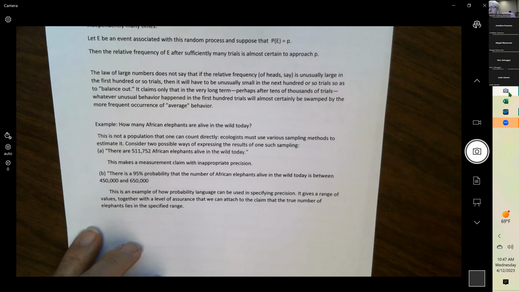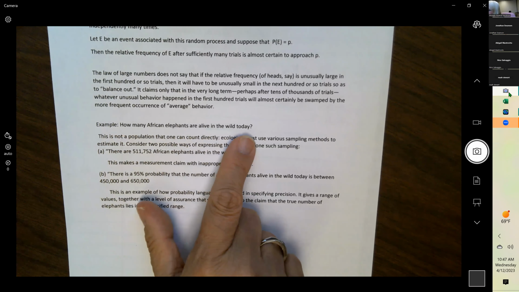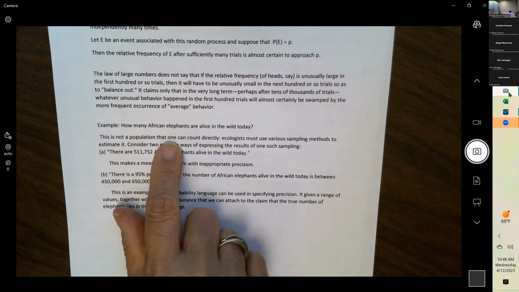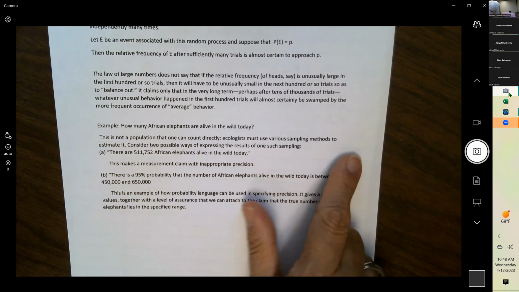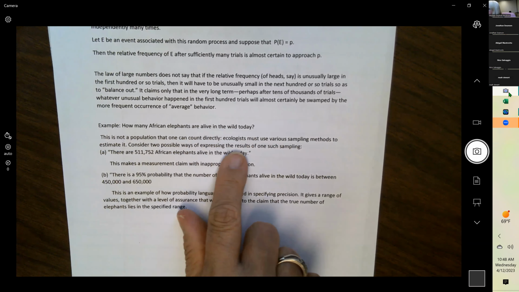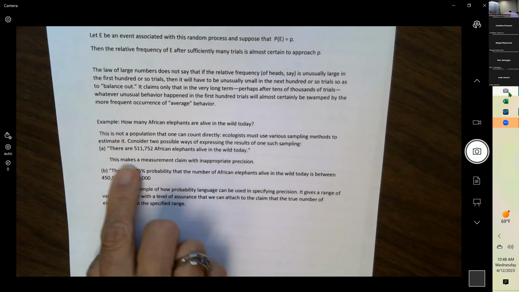One example: how many African elephants are alive in the wild today? This is not a population that one can count directly. Ecologists must use various sampling methods to estimate it. Consider two possible ways of expressing the results of one such sample.